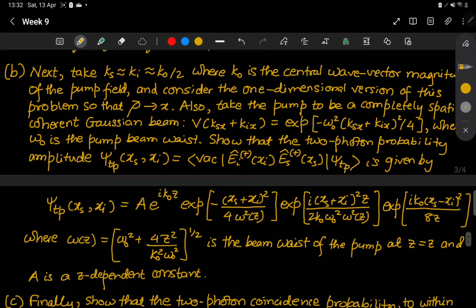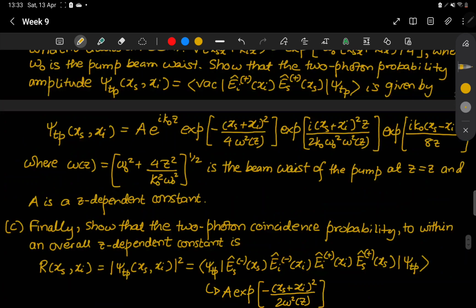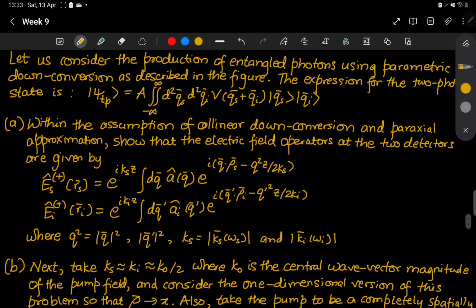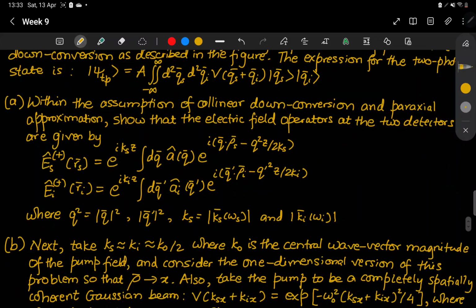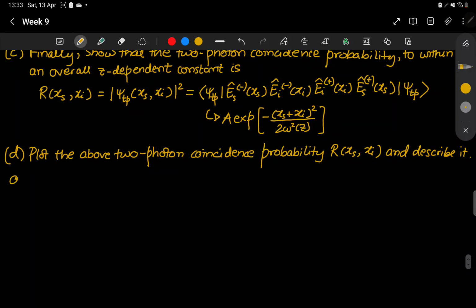Okay, so let us now start with part A. Part A is, we are supposed to show the electric field operators at the two detectors. The expression is given as follows.